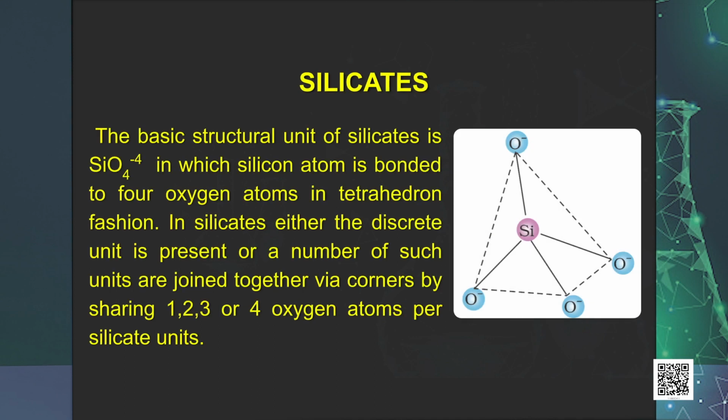The basic structural unit of silicates is SiO4 4-, in which silicon atom is bonded to 4 oxygen atoms in tetrahedron fashion. In silicates, either the discrete unit is present or a number of such units are joined together via corners by sharing 1, 2, 3 or 4 oxygen atoms per silicate units.